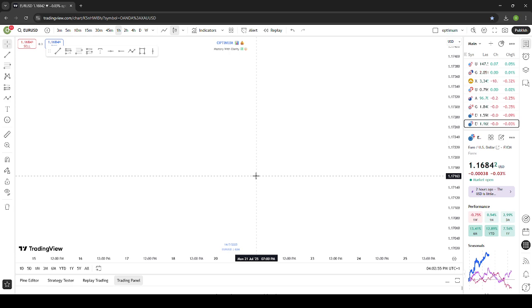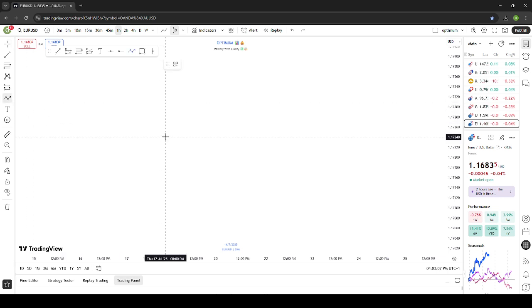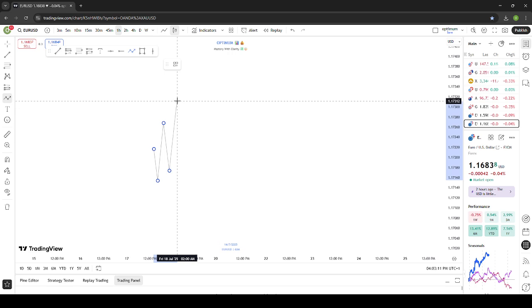So now on to the other one, reversals. Reversals is when the market is ready to change direction. Let's say for example we're buying. We've been buying, buying, buying, and now the market is ready to change direction.